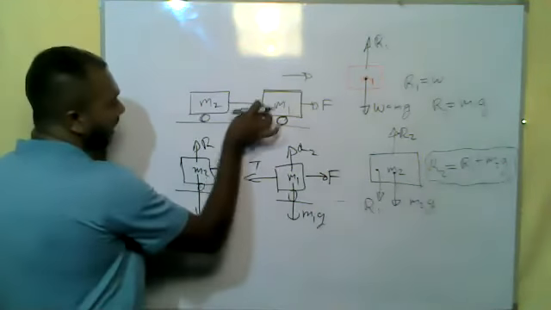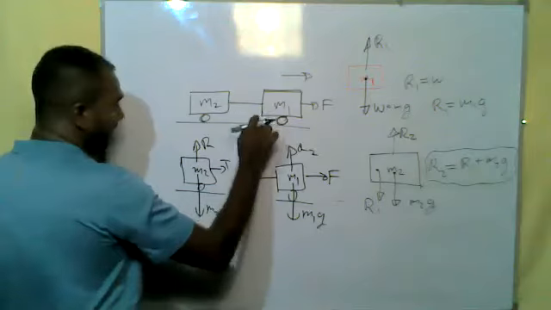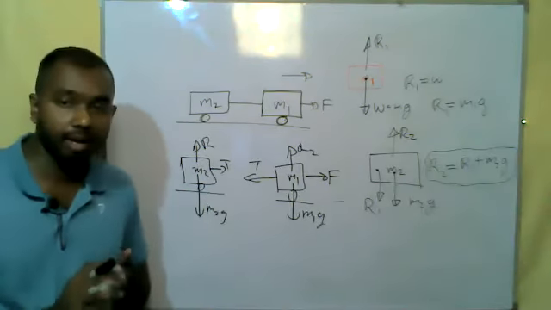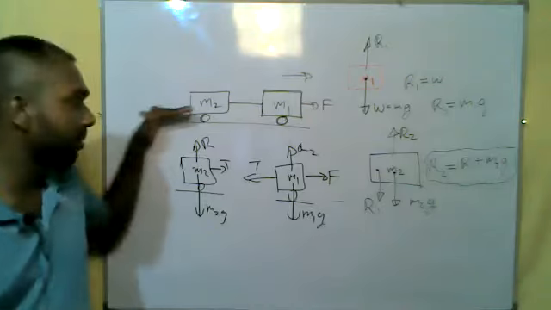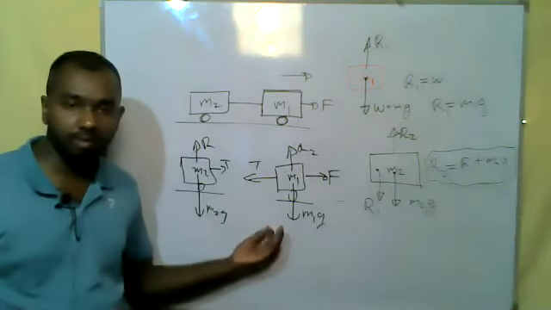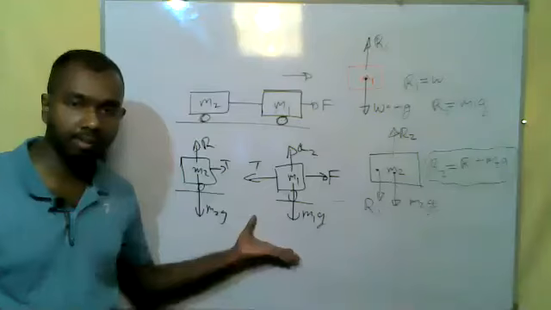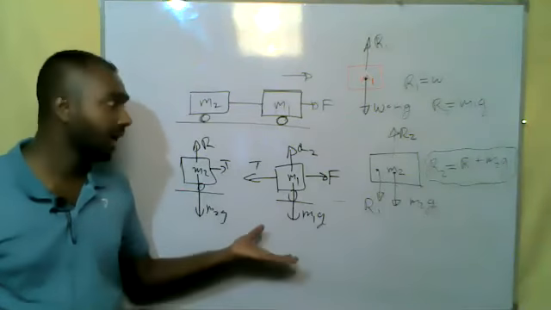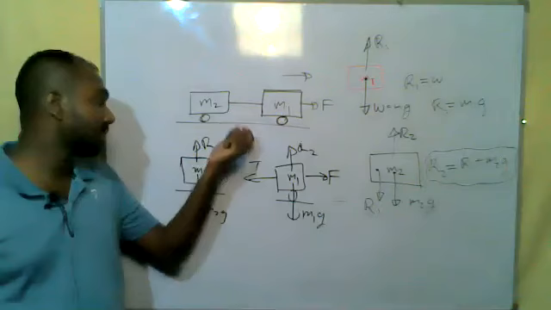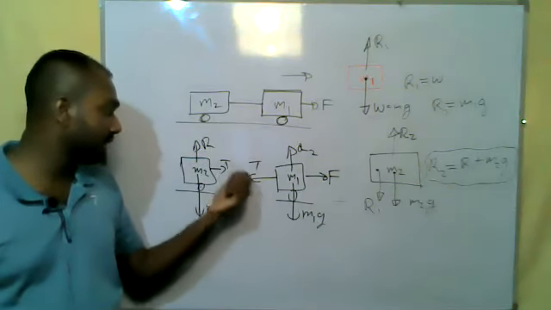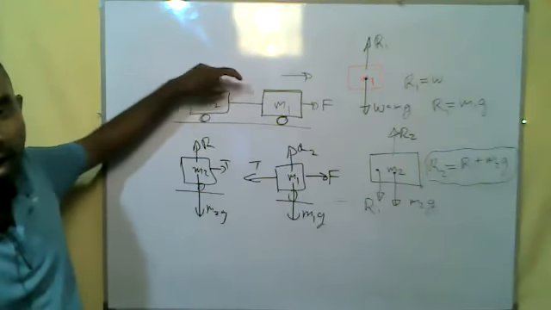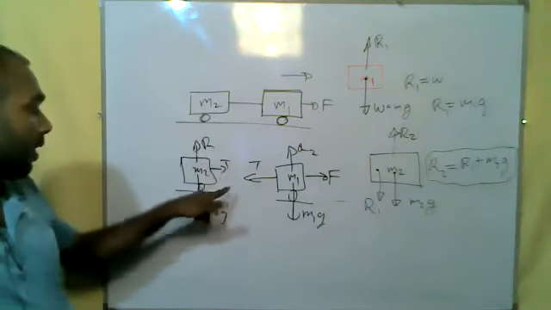See, in these situations, when you're dealing with connected particles, at the point of connections, if they are moving in the same direction, and if they are connected with, let's say, a string or a rod, basically we will use strings and rods, you can think the tensions or the compressions at these ends should be the same.